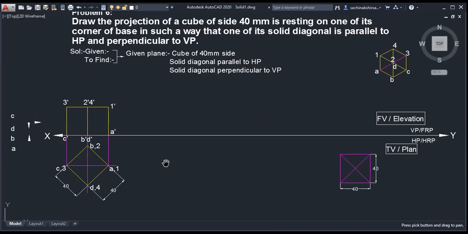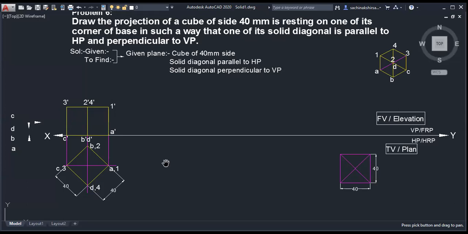Likewise, which corner do we have towards the right side? A. Okay. Now as the condition is given, this solid is lying on one of its corners. So let us hold this corner A on XY only. Hold this solid on XY only.